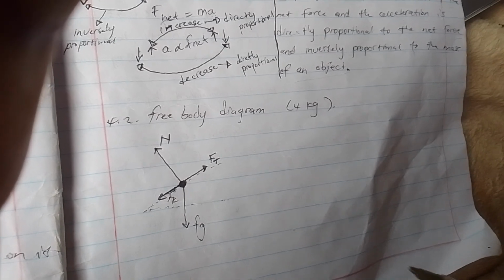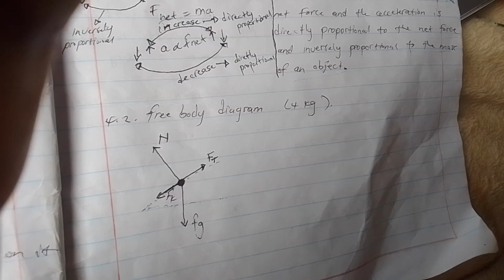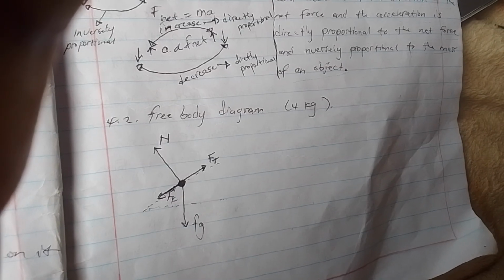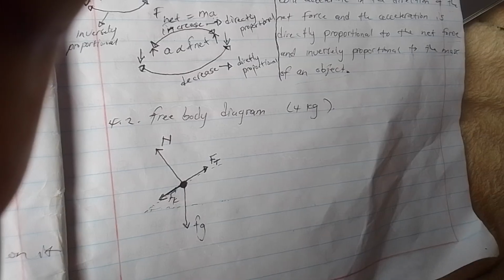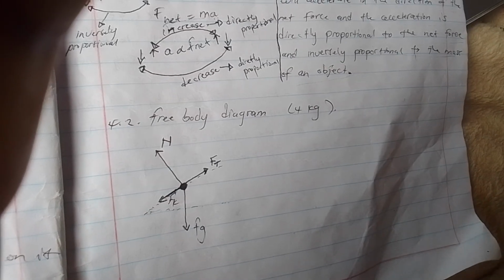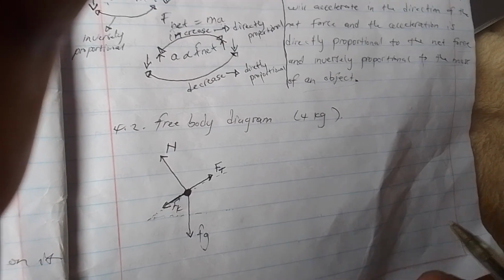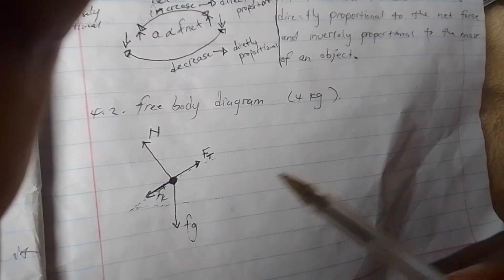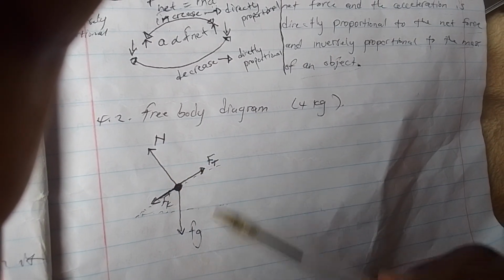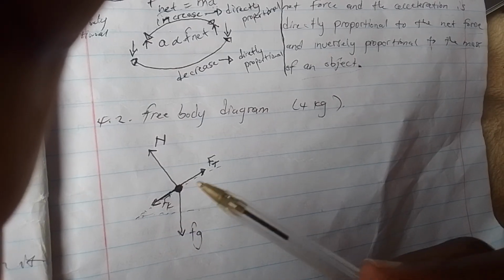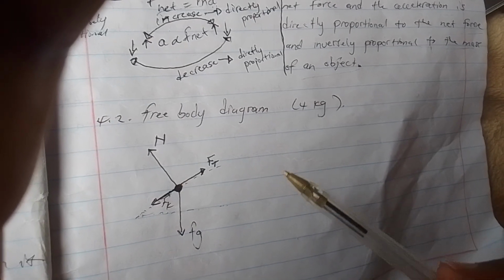So don't forget the forces: normal force, gravitational force, applied force, the tensional force, the frictional forces. So here on our 4 kg block, we have 4 forces that are acting on it, which means it was 4 marks.